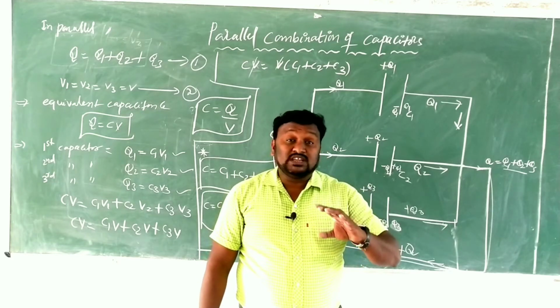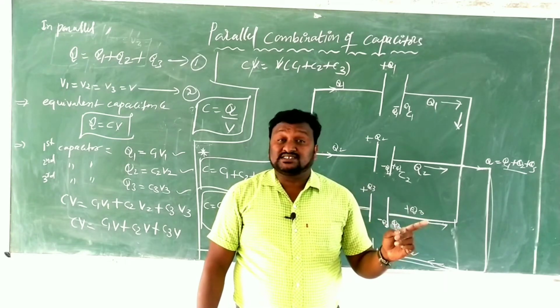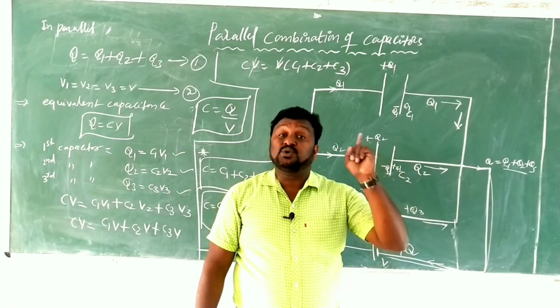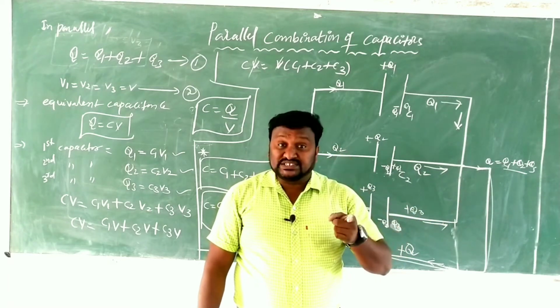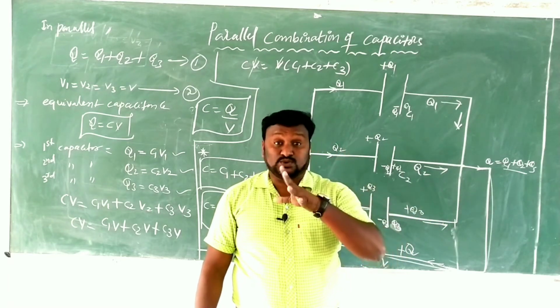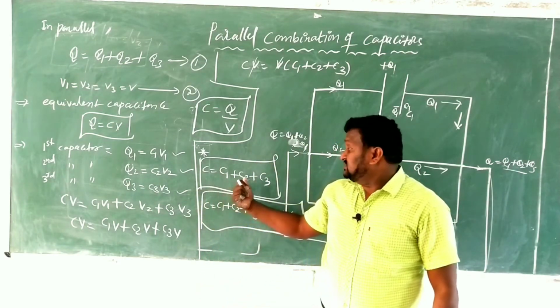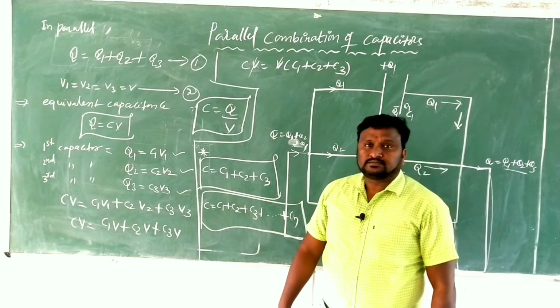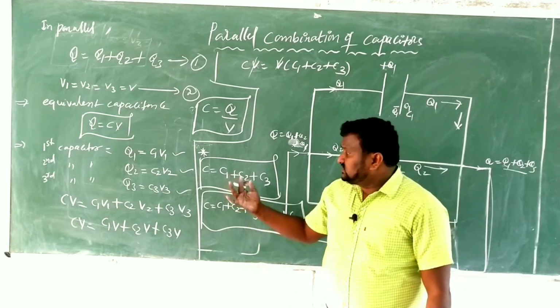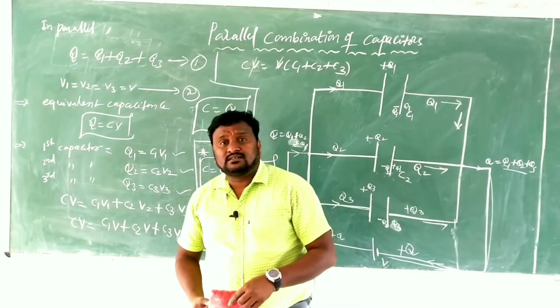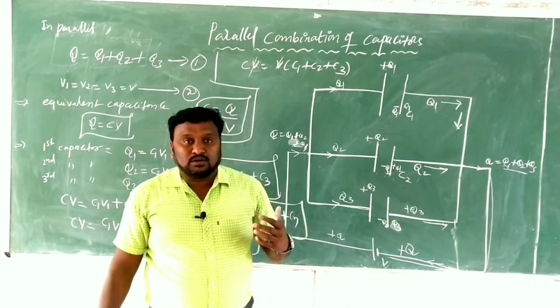Children, what we got in series combination of capacitors: 1 by C is equals to 1 by C1 plus 1 by C2 plus 1 by C3 and so on. And now C is equals to C1 plus C2 plus C3. From this equation, what do you have to conclude?